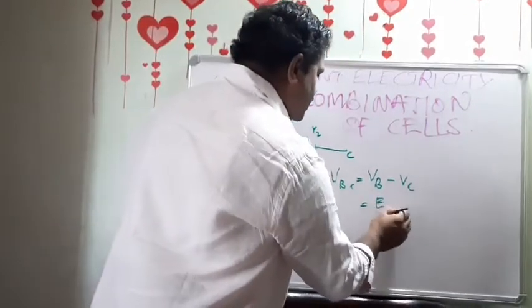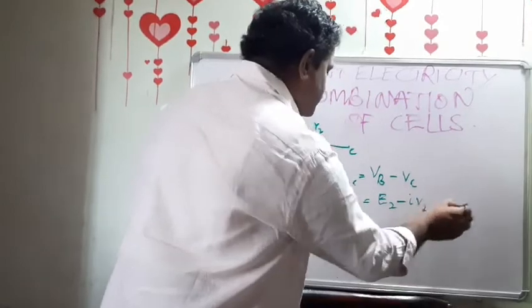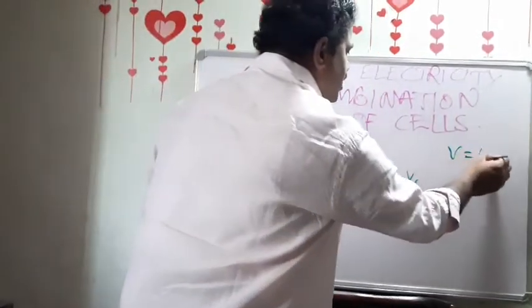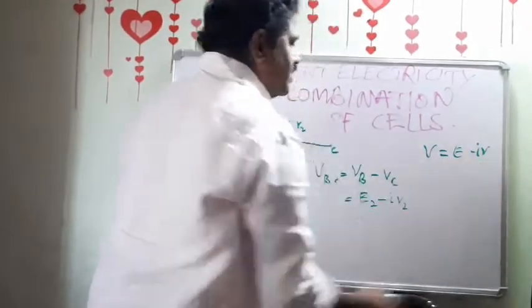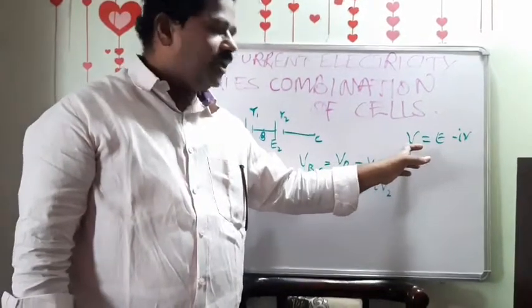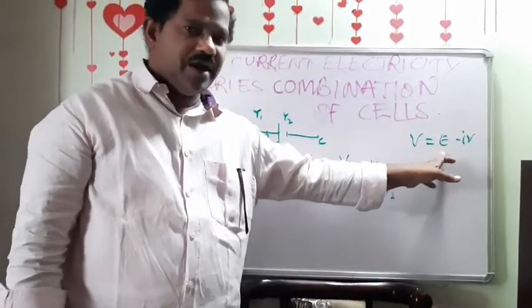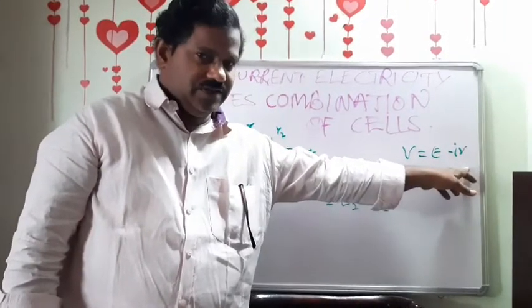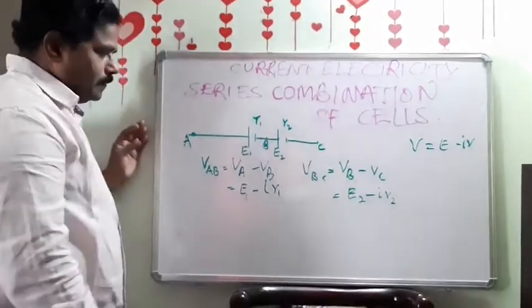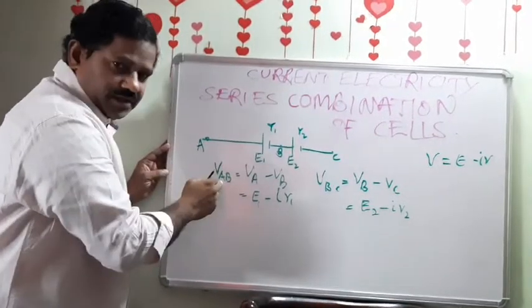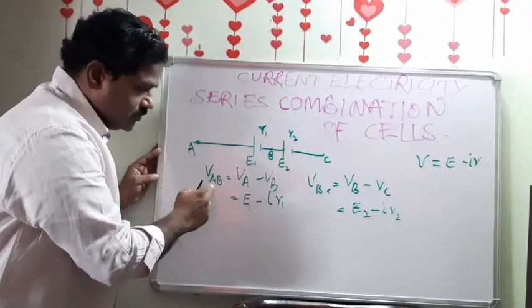Here it is E2 minus IR2. As we know, V equals E minus IR is the standard relation, where V is the terminal potential difference, E the EMF, I the current passing through, and R the internal resistance. So here between A and B there is one cell.